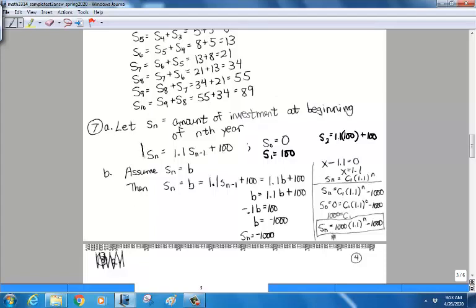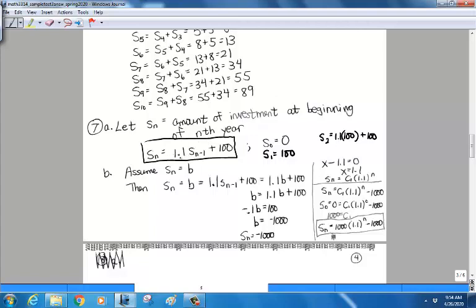So there is the setup for the recurrence relation. You can actually use that recurrence relation, applying it over and over again, to calculate how much you're going to have at the beginning of any given year. But part B of the problem says we want to take that recurrence relation and we want to solve it.